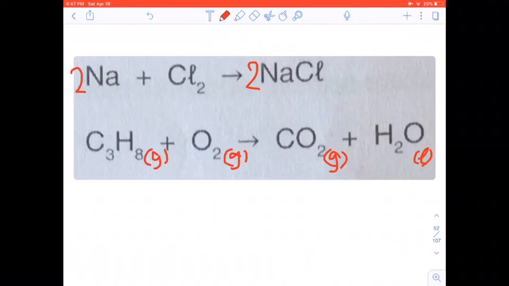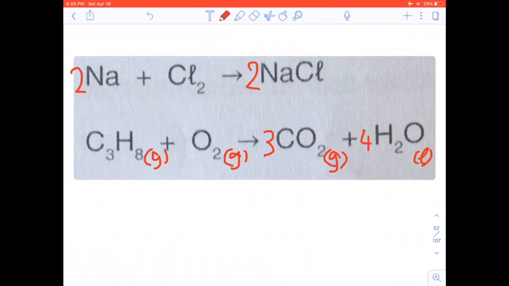If you look at this, we got 3 carbons on the left, we got only 1 on the right, and we want to balance that, so we can put a 3 there. Once we balance the carbons, we got 8 hydrogens on the left and 2 on the right. We can then put the coefficient in front, which gives us 8 hydrogens.